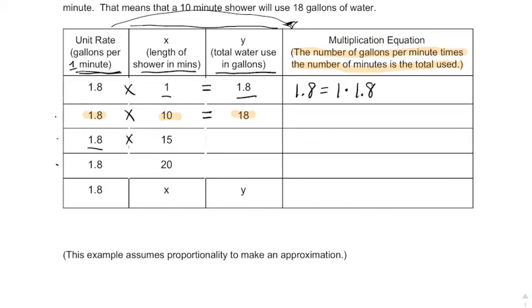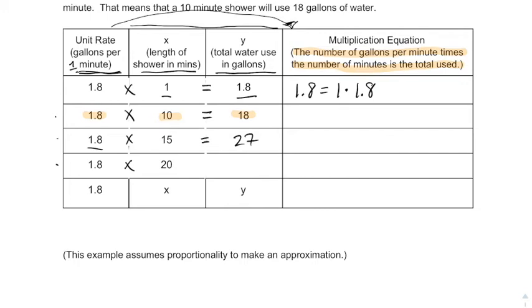Amount per minute, 1 and 8/10. If we do it for 15 minutes, I guess I should have told you to grab a calculator. Hopefully you use the one on Chromebooks. That's going to equal 27 though, isn't it? Because we know that we've got 18 for 10 minutes and then another half of that for the other 5. 9 more is going to be 27.